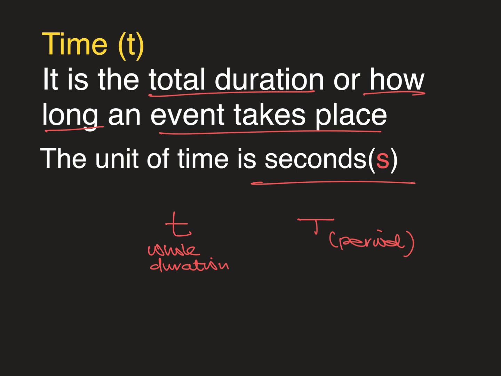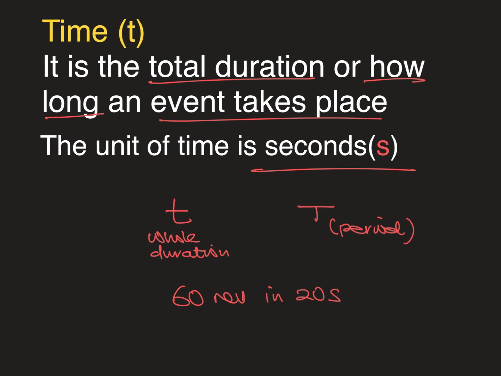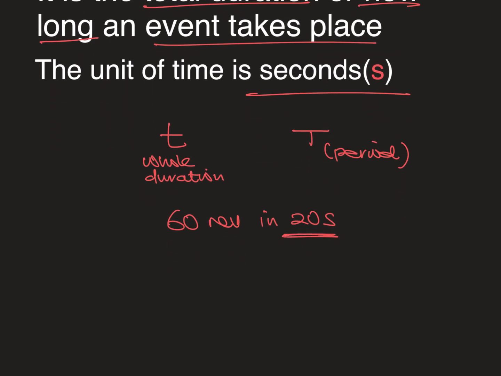All right? So let's say the body performs 60 revolutions in 20 seconds. So that 20 seconds is for this time. Okay? It is the whole duration. The body performs 60 revolutions in 20 seconds. But if you want to know, out of those 60 revolutions, how many revolutions have been performed in just 1 second? That is called the period. Okay?